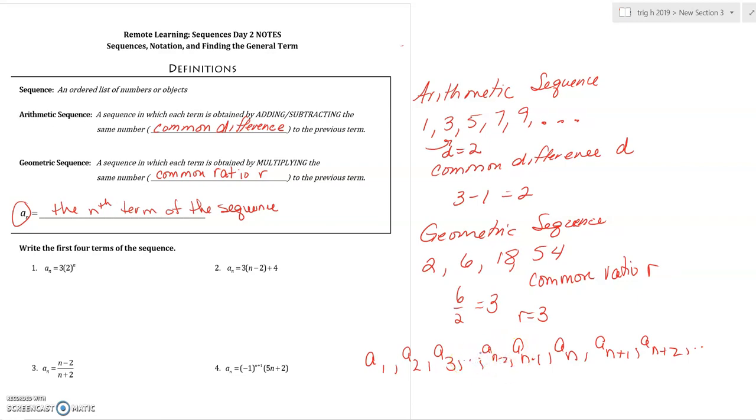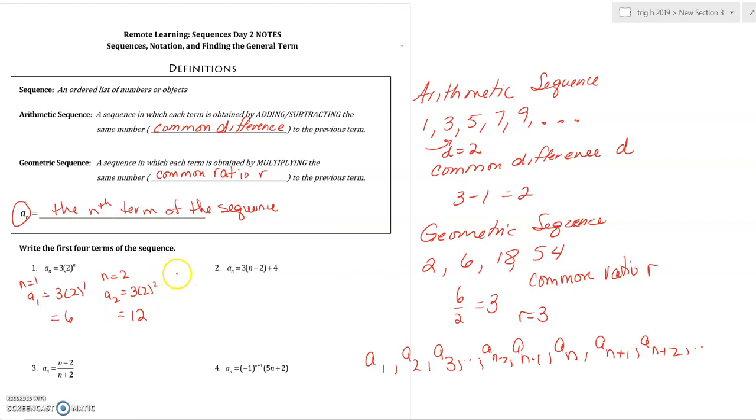Let's go ahead and experiment a little bit with some sequences. This first one says a sub n equals 3 times 2 to the n. If I wanted the first 4 terms, first we would let n be 1. So the first term is 6. If I want the second term, let's let n be 2. So the second term is 12.